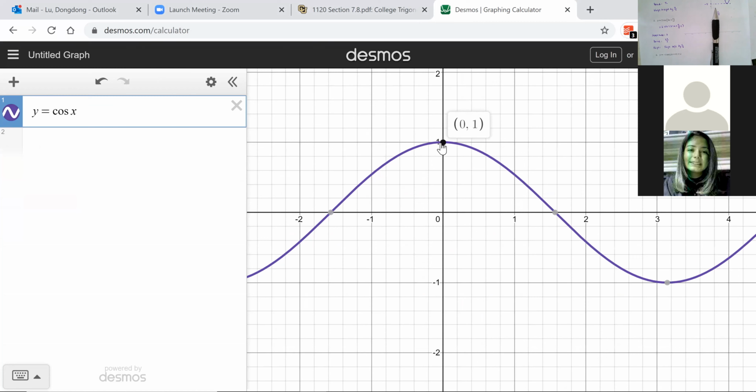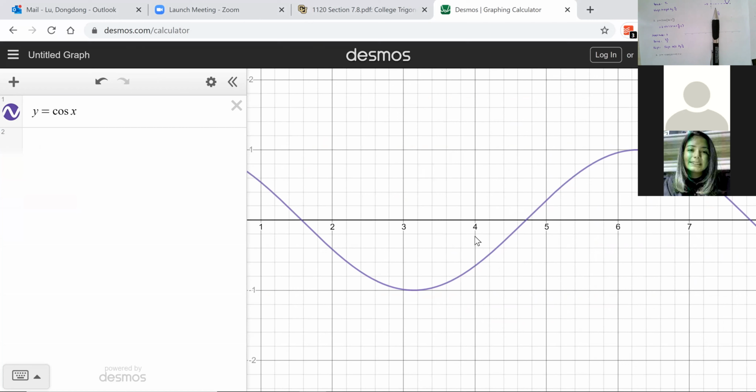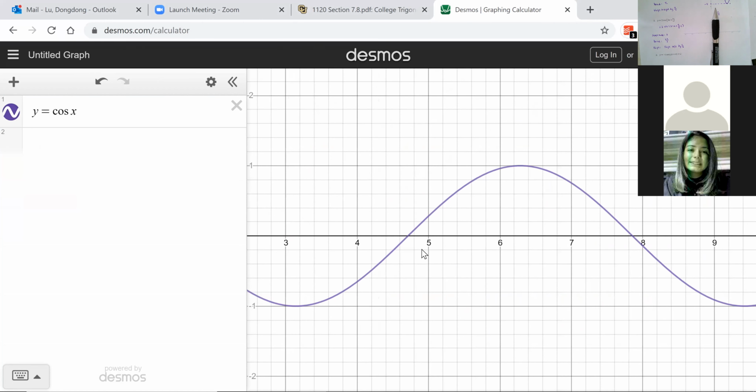It reaches maximum at the origin. So it starts from the origin at the maximum. Then it decreases, then goes to the bottom when approaching pi, this point is pi. Then it's going up and reaches the maximum again at 2 pi.